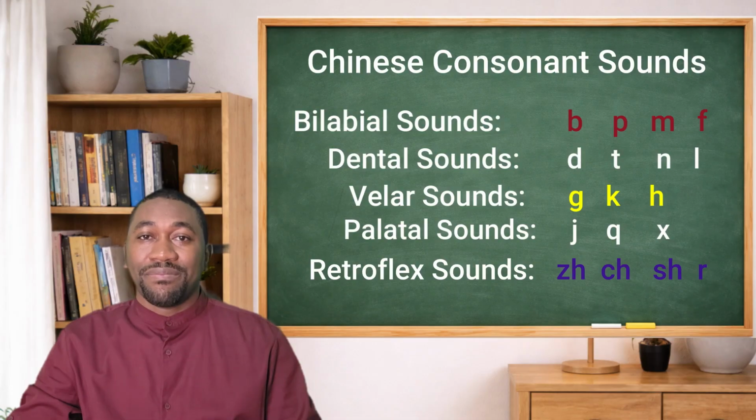Then we have sh, sh, which is similar to sh in English, but it's deeper. Sh, sh. And then we have another very tricky one for the R. Now for this sound, the tongue position is similar to when you're saying sh.